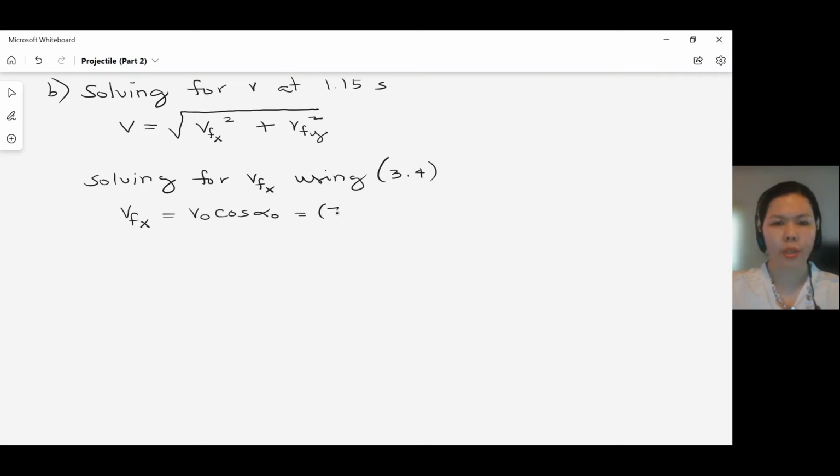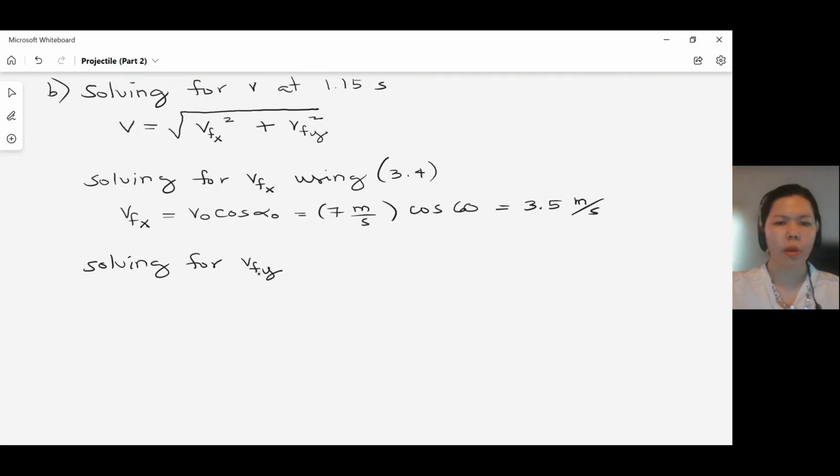V naught is 7 meters per second and alpha naught is 60 degrees. Using your calculator, execute this. You should get an answer of 3.5 meters per second.